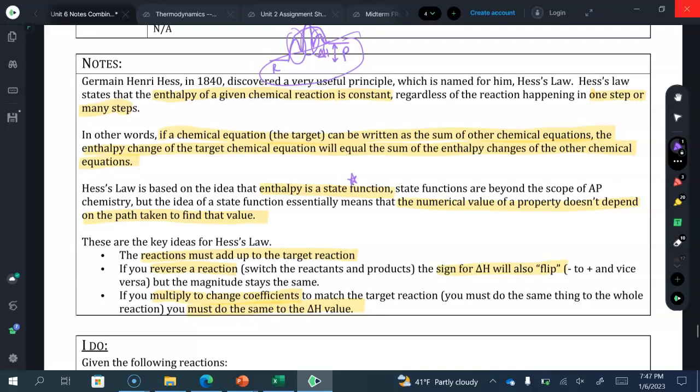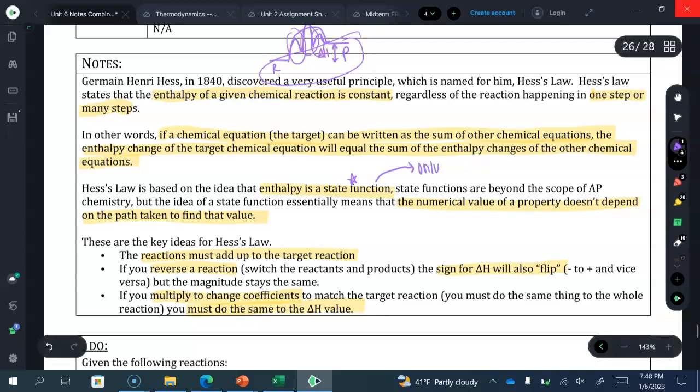State functions are important, and there are multiple state functions. Enthalpy is only one of them. But in general, state functions don't care about the path taken from your start to your finish. They only care about where you start and end.